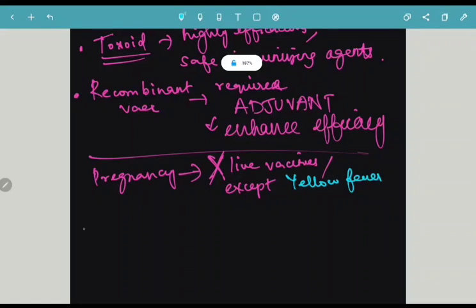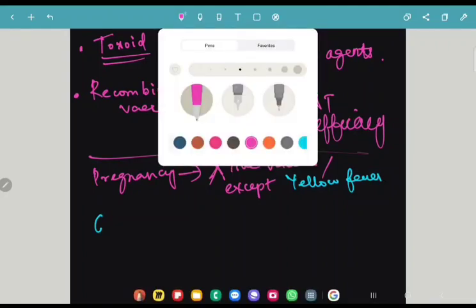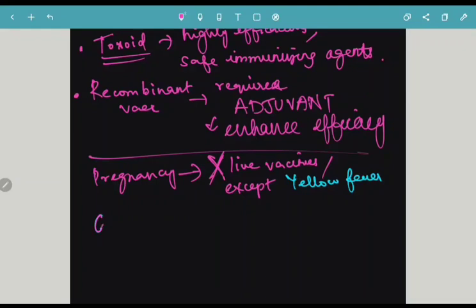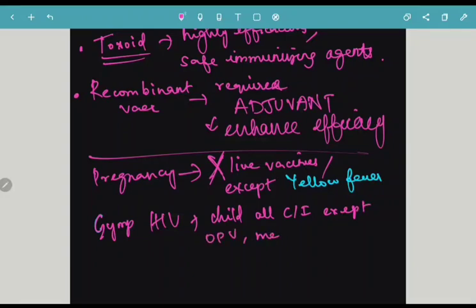Remember, in case of symptomatic HIV in children, all live vaccines are going to be contraindicated except for oral poliovirus vaccine, measles and BCG.